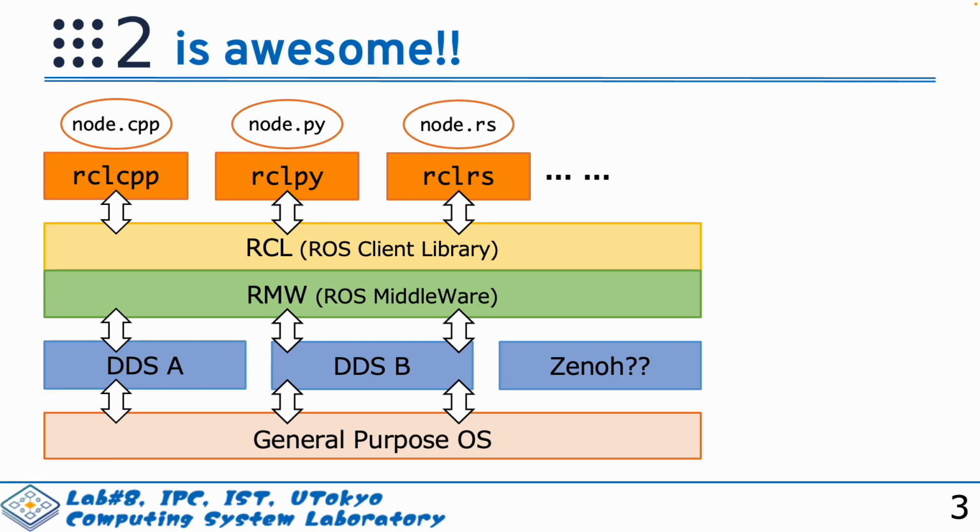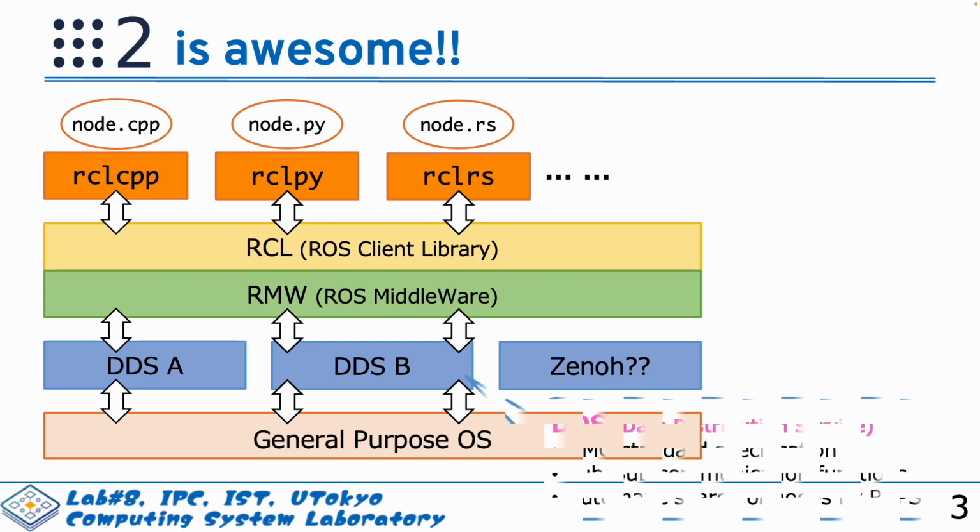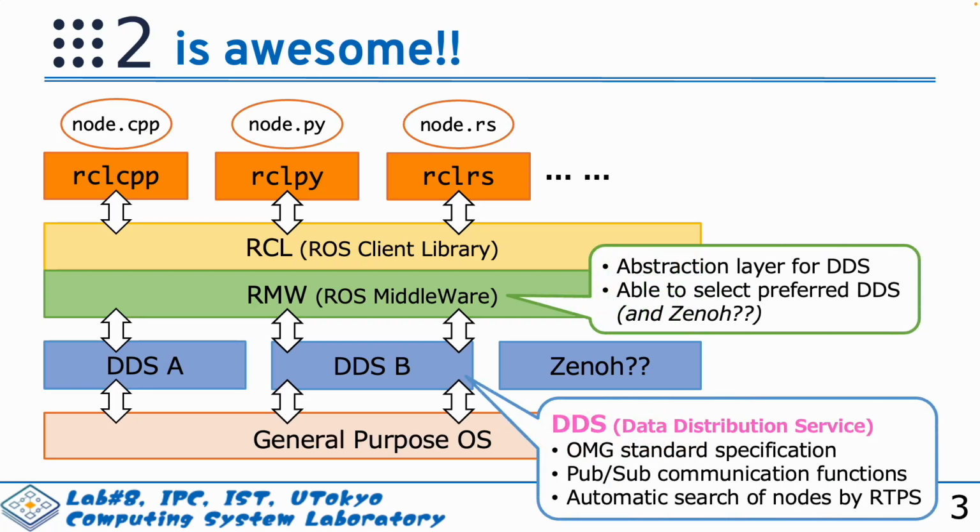As we know, ROS2 has an awesome software structure. The most important component in ROS2 is DDS. The RMW layer is on top of the DDS layer. We can choose a suitable DDS implementation by changing this layer.